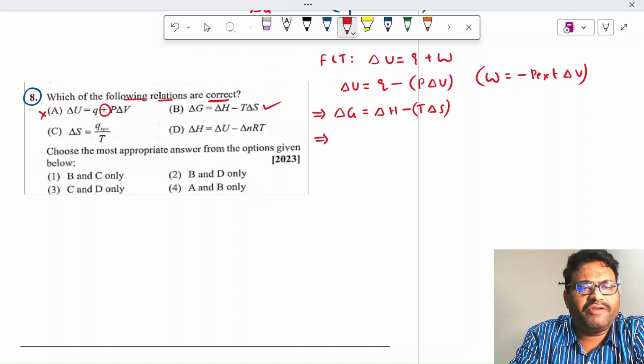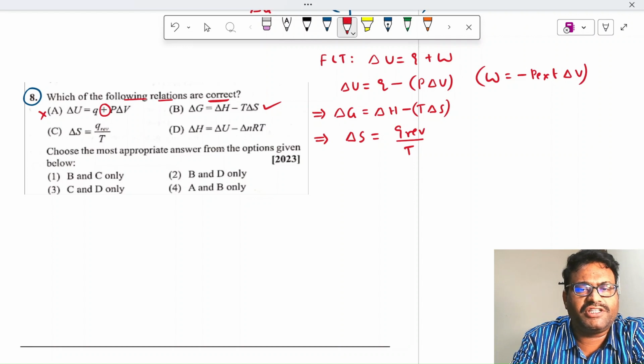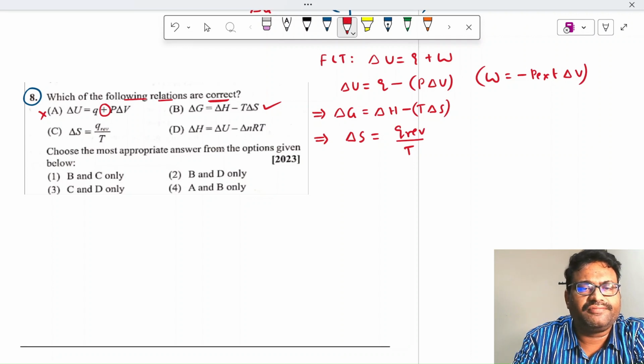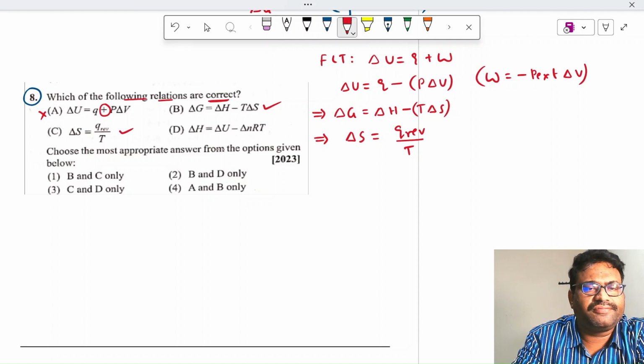And from entropy, we have studied that the change in entropy is equal to Q reversible by T. Q reversible is the amount of heat given to the system under reversible conditions at a particular temperature T. So this is also correct.